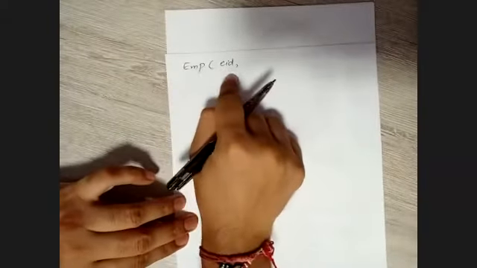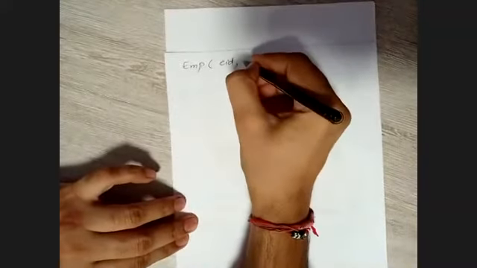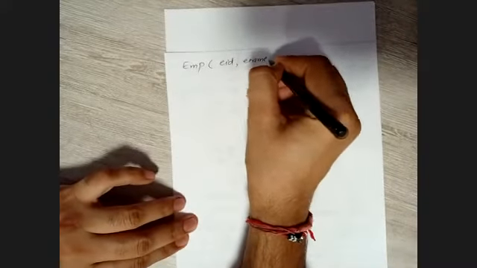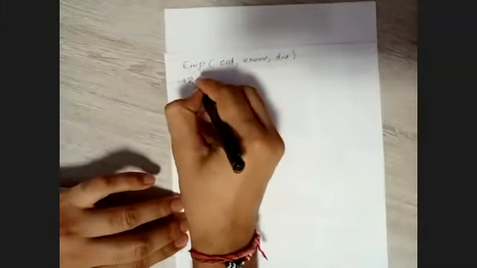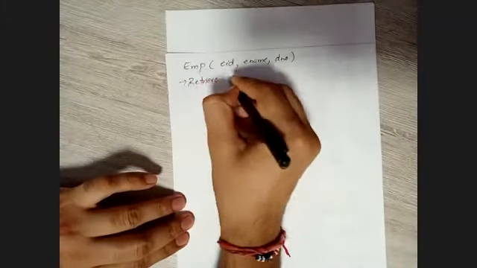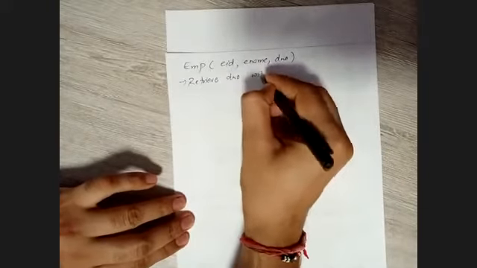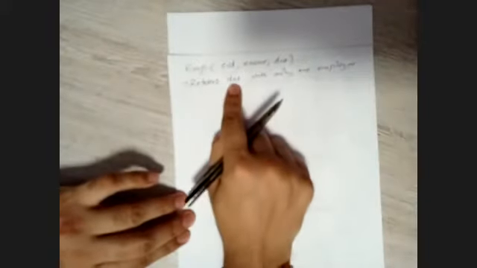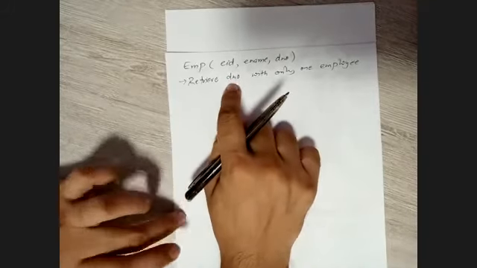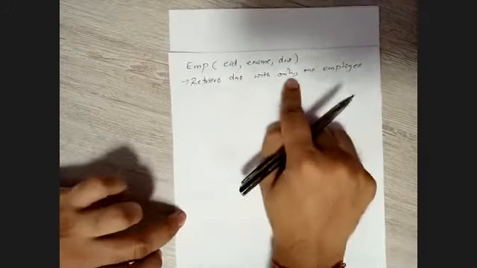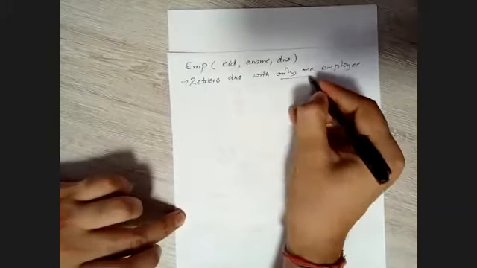Let's say EMP is our employee table, where we have EID as the employee ID, E name, and some department number. I may ask you to retrieve the department number with only one employee. It means we need to retrieve the department number in which we have only one employee.